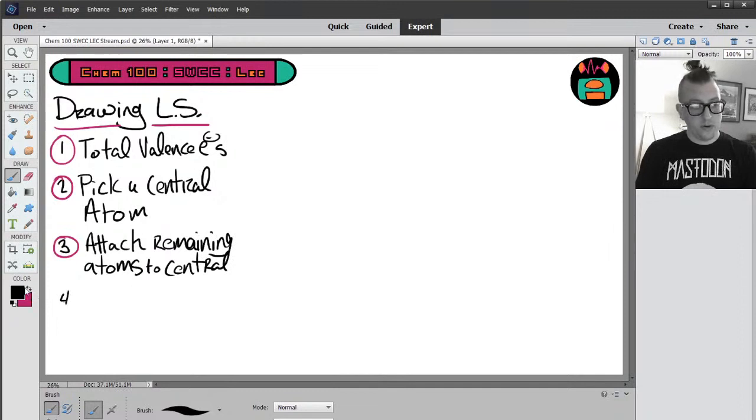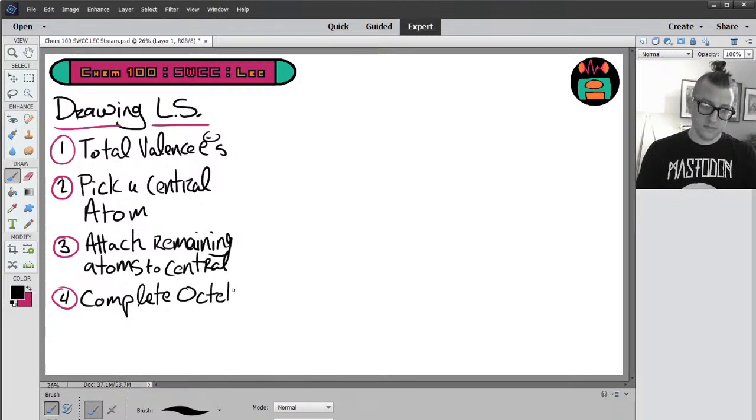Step number four, we complete octets. And step number five, we add our charges.